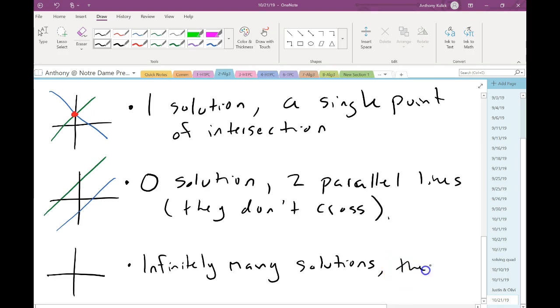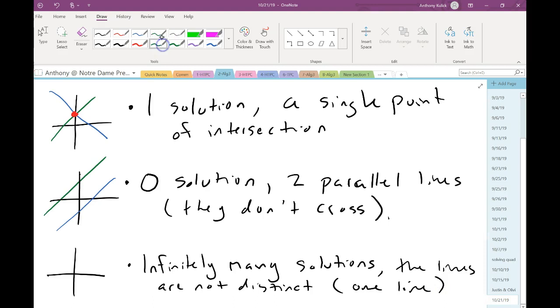So the lines are not distinct. I.e. they're both the same line. So like, if this is one line, then like, that's the other line. So at every point on the line, they intersect.